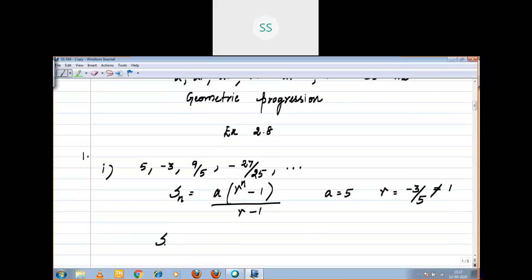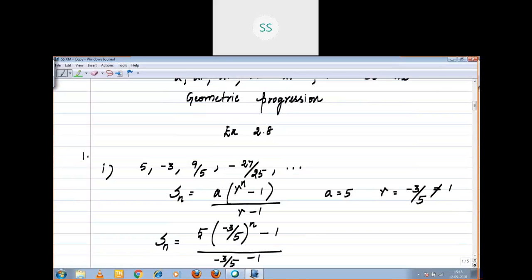Now Sn, by the formula, equal to A replaced by 5, R replaced by minus 3 by 5, the whole power n minus 1, divided by minus 3 by 5 minus 1.